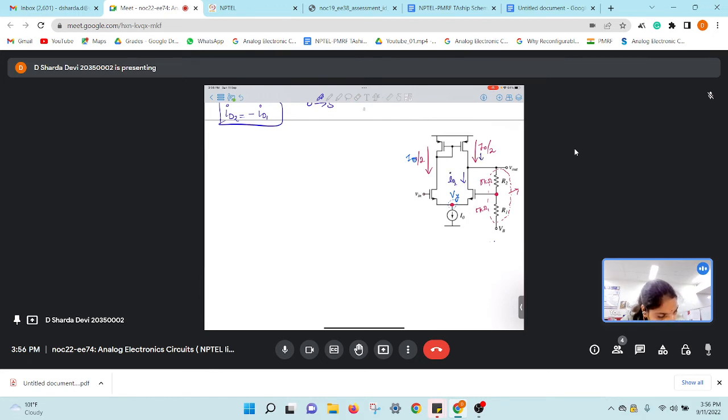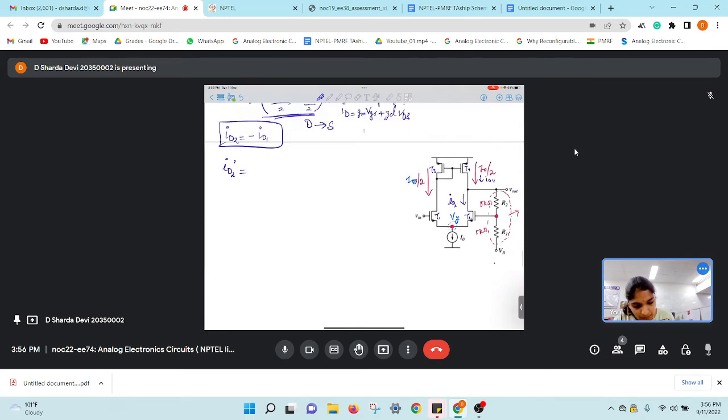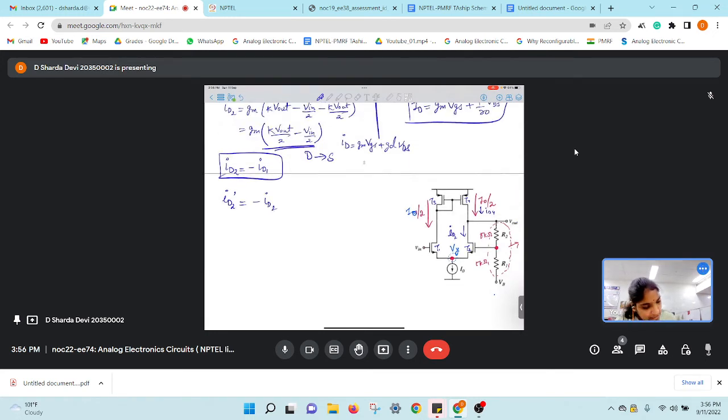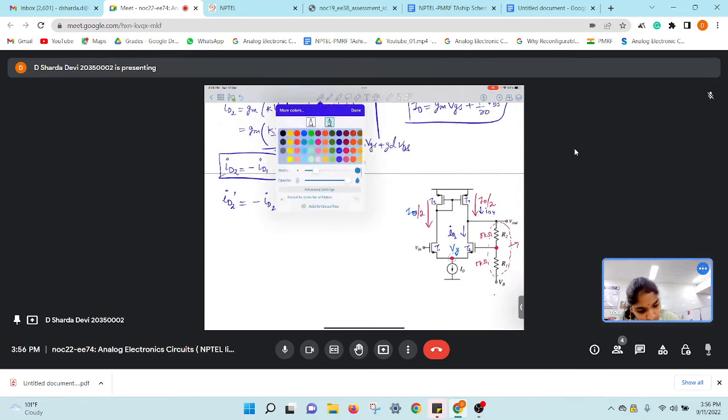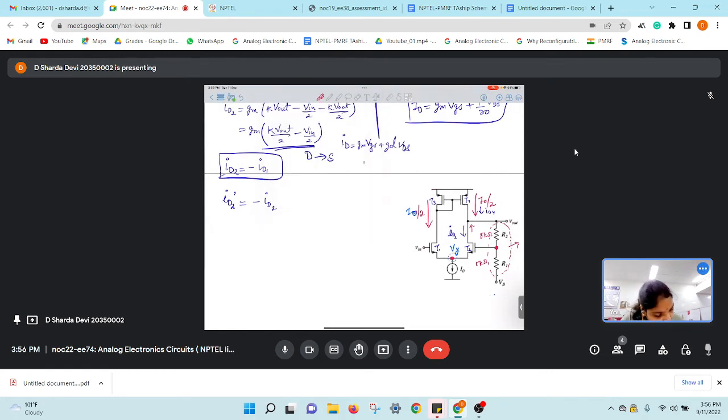And this is ID4, 3, 4, 1 and 2. So if I want to write ID2 dash, let's say, to be minus of ID2, I'll simply change the direction. This I can do, right? Because I'm inserting a minus, that means I can change the direction, right?